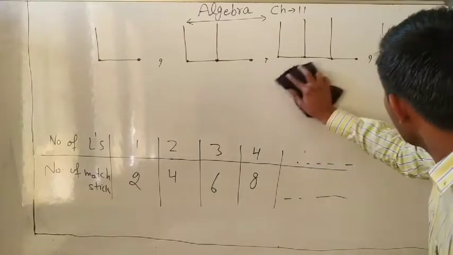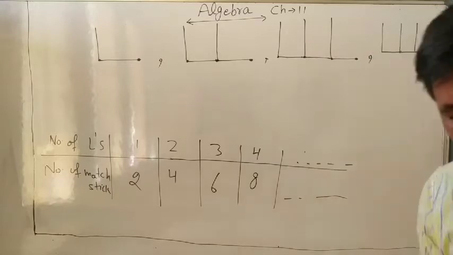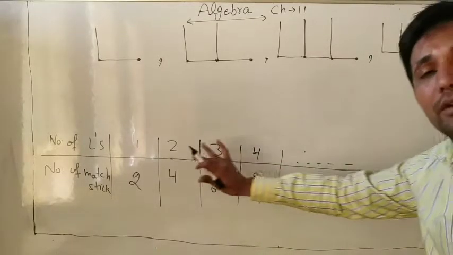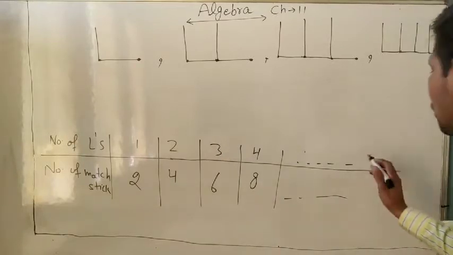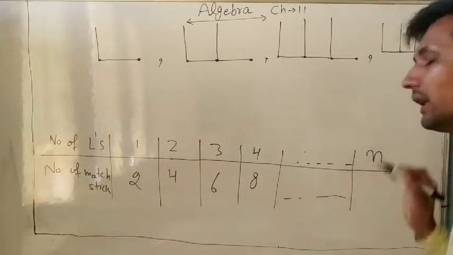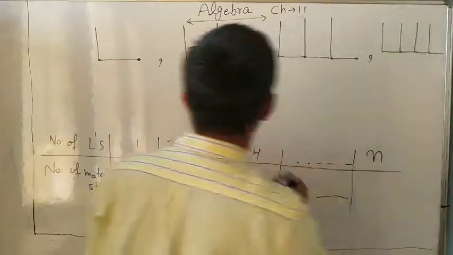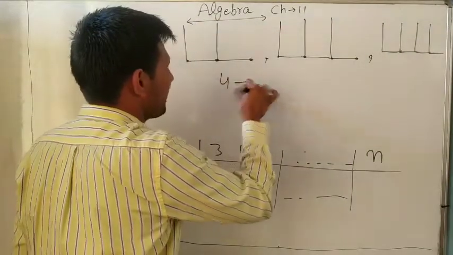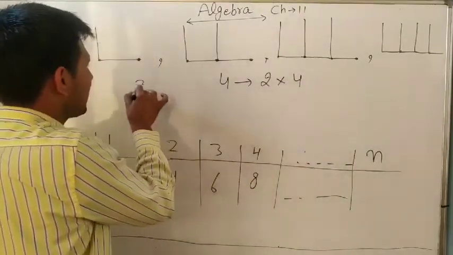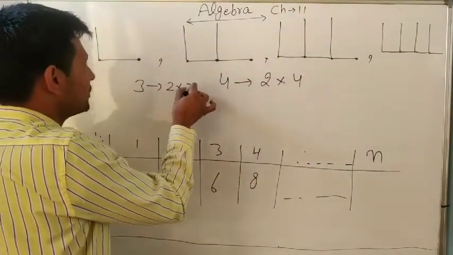Numbers are never ending. Suppose the total number of L's is N. For 4 L's, how many matchsticks are needed? 2 multiplied by 4. For 3 L's, 2 into 3.